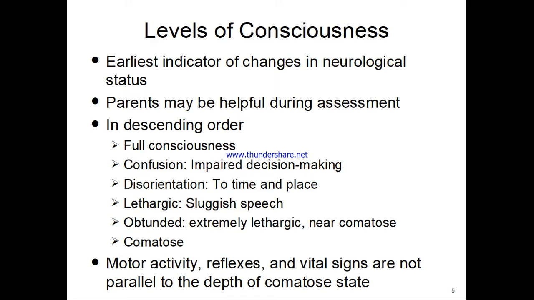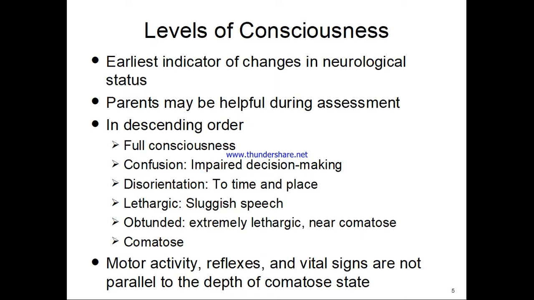In descending order, different levels of consciousness include full consciousness, confusion, which involves impaired decision making, disorientation to time and place, lethargy, which includes sluggish speech, obtunded, which is extremely lethargic and near comatose, and comatose, unconscious.